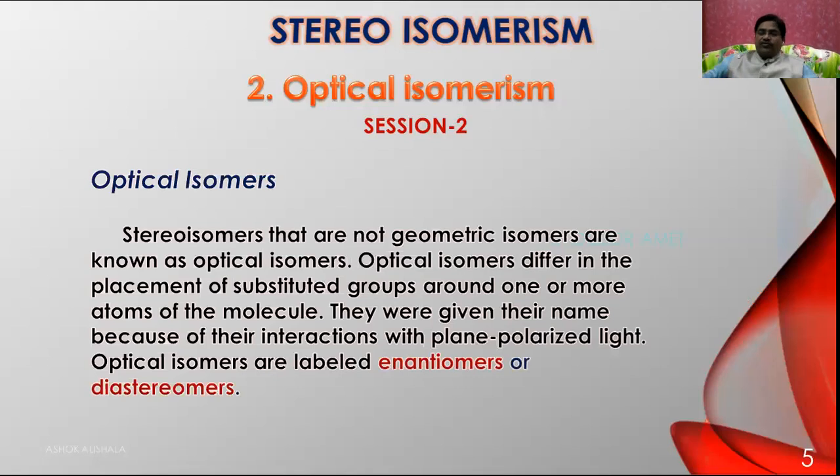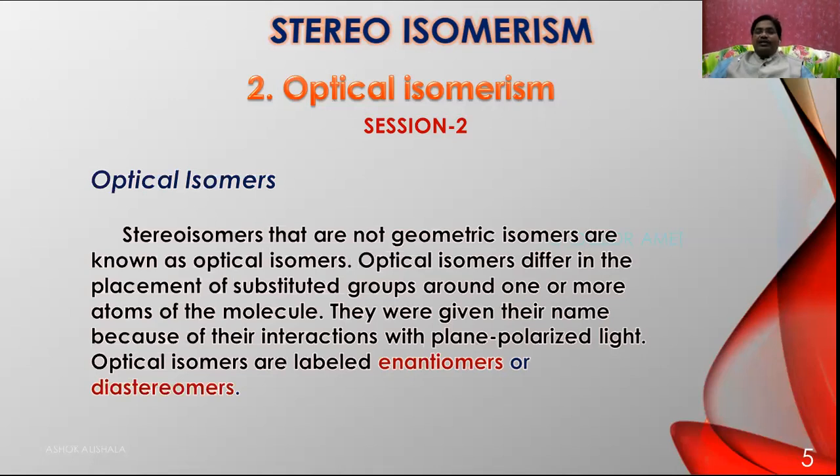Let us see once again what is meant by optical isomers. Stereoisomers that are not geometric isomers are known as optical isomers. Optical isomers differ in the placement of substituted groups around one or more atoms of the molecule.